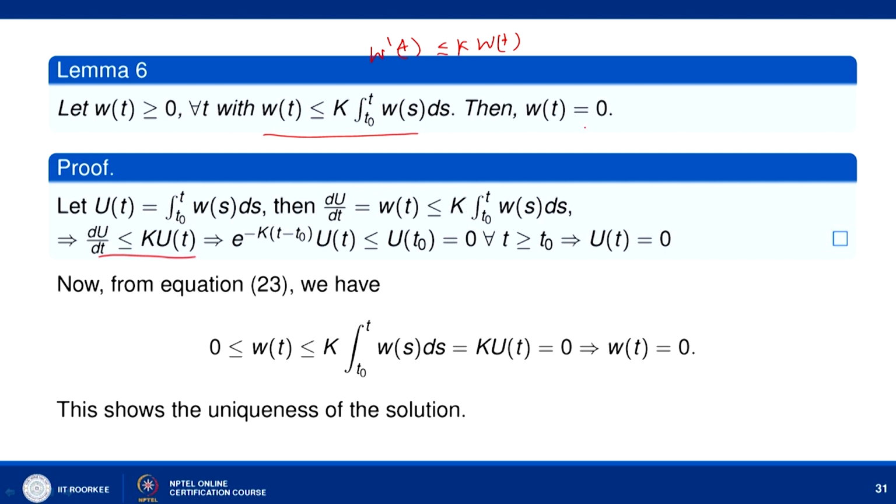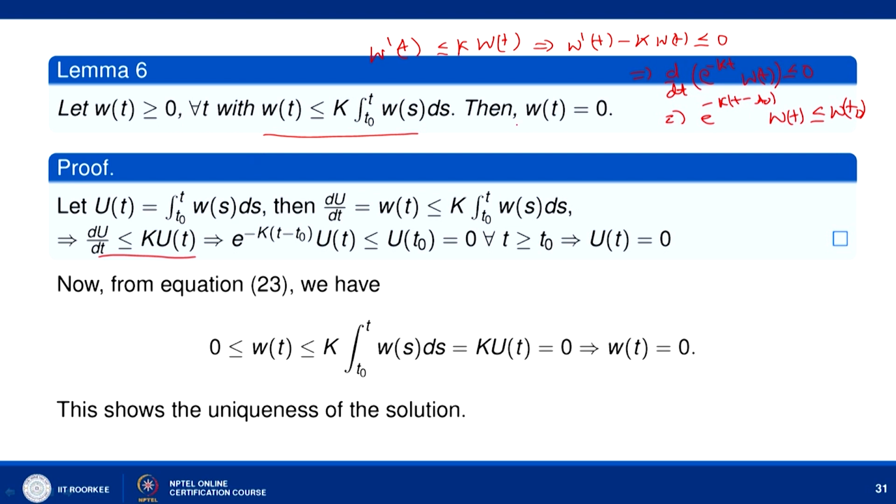So, here if you simply want to prove like this, then we can simply differentiate this: w'(t) is less than or equal to k w(t), and w'(t) minus k w(t) is less than or equal to 0, and this I can write as d by dt of e to the power minus k t w(t) less than or equal to 0, and if we integrate from t naught to t, we can write e to the power minus k (t minus t naught) w(t) less than or equal to w(t naught).